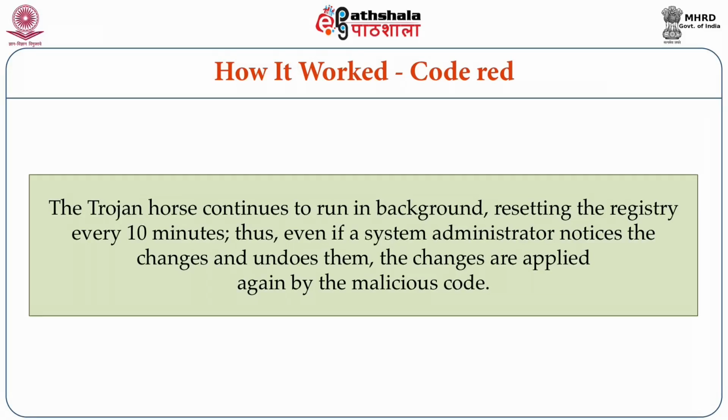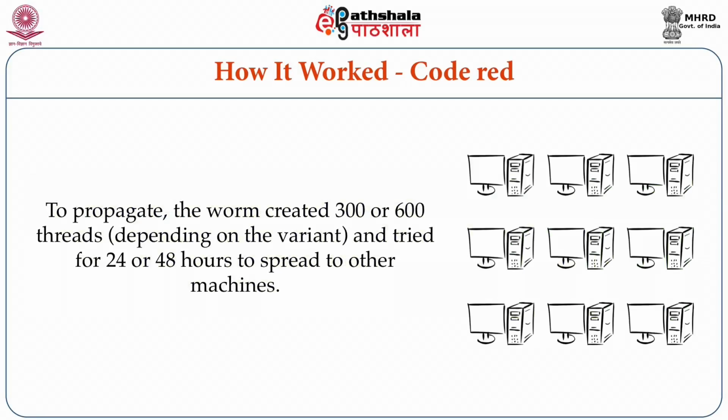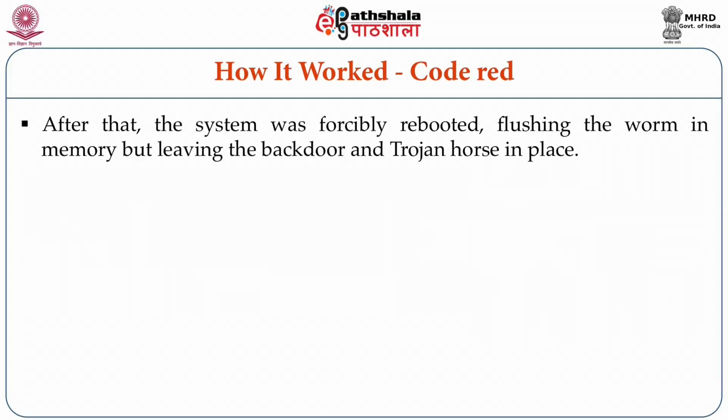Thus, even if a system administrator notices the changes and undoes them, the changes are applied again. The worm created 300 to 600 threads. After that, the system was forcibly rebooted, flushing the worm from memory, but leaving the backdoor and the Trojan in place.